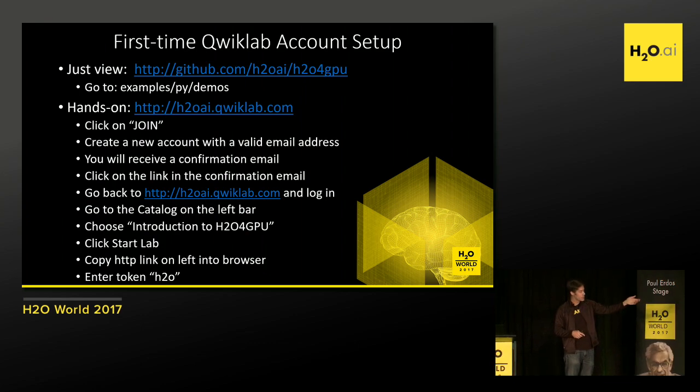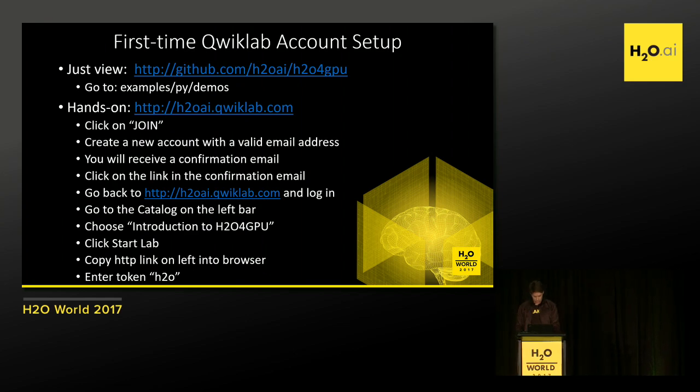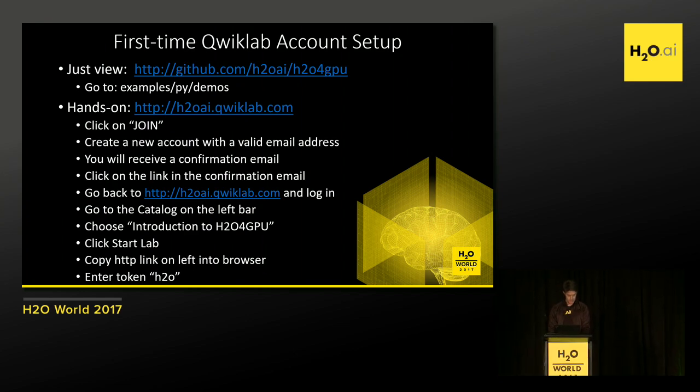You'll receive a confirmation email. You'll click on the confirmation email. And then once you do all that, then you can go back again and log in. I'm already logged in. But once you are there, let's see how this is going to work.